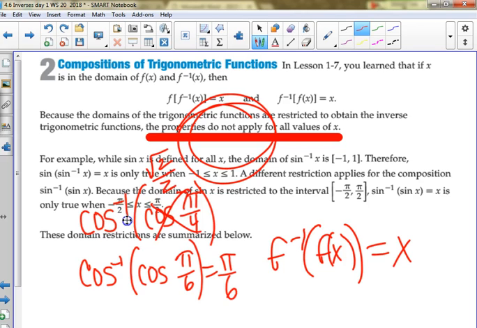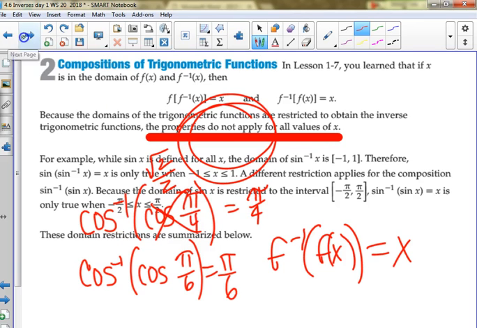The inverse cosine of square root of 2 over 2 has to fall between negative pi over 2 and pi over 2, and its answer is pi over 4, right? Where's the cosine, the x value, positive square root of 2 over 2, is that pi over 4? Okay. So they didn't undo each other.